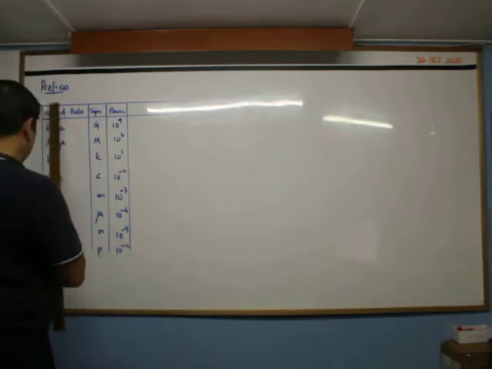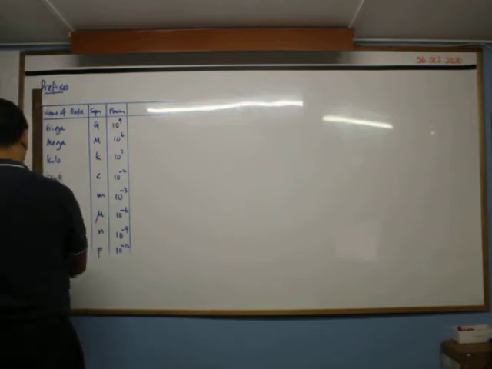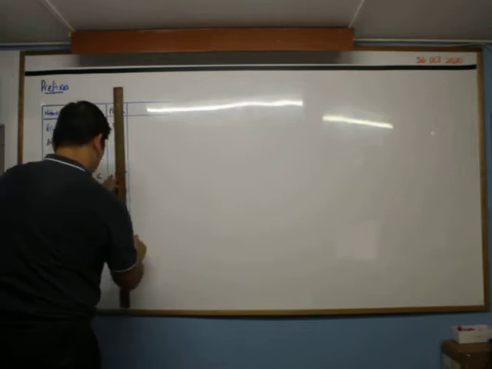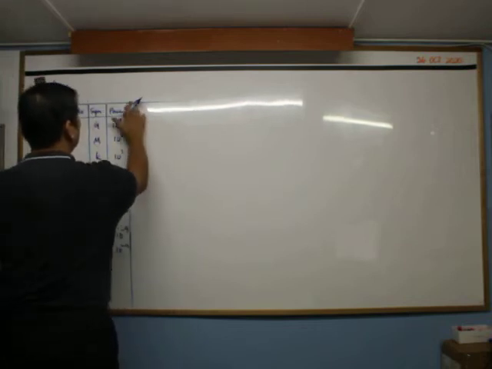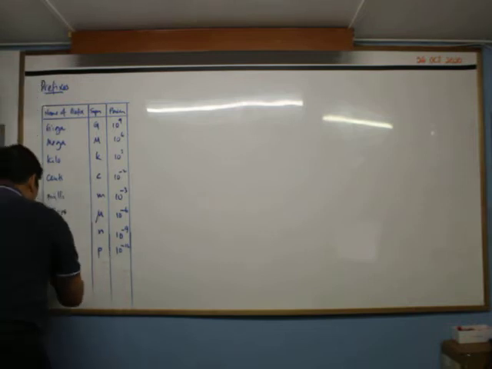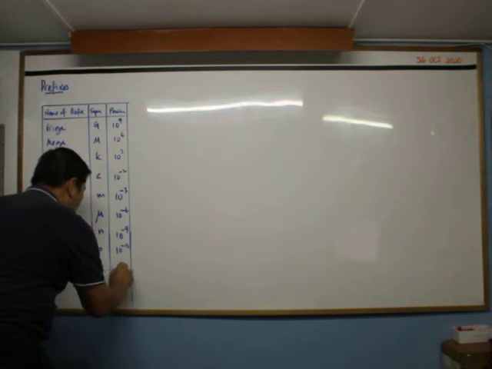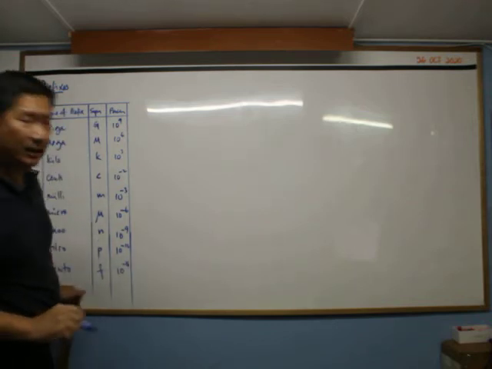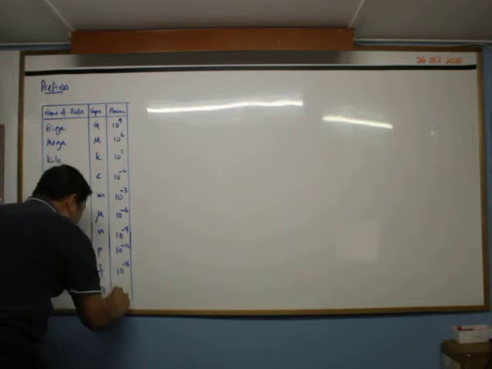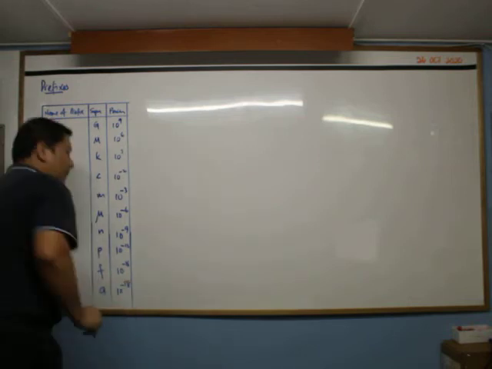Of course below that we still have more, we can extend that one, but I think it's enough. So after pico we have femto, F, and this is 10 to the power negative 15. And the next one is atto, A, 10 to the power negative 18.